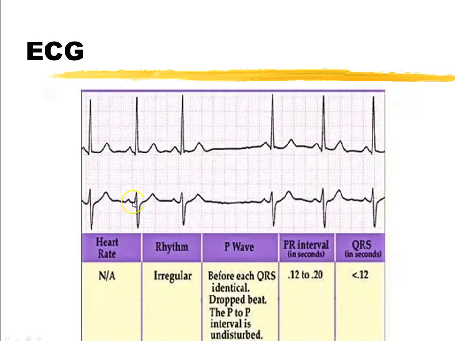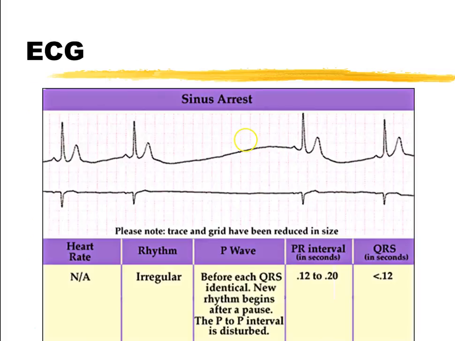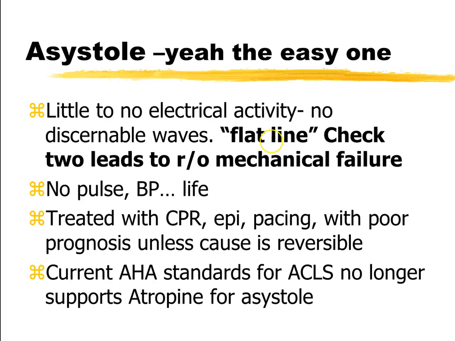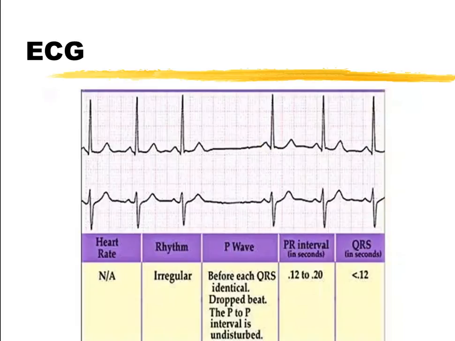So again, if we did P to P, start over here, P to P to P, and then exactly there's a P right there. So that P to P interval is the same. That is how you tell the difference between a sinus arrest and a sinus exit block. On a sinus arrest, that PP interval is not consistent, but on sinus exit block, it is. Okay, that is the key characteristic to differentiate the two of those.